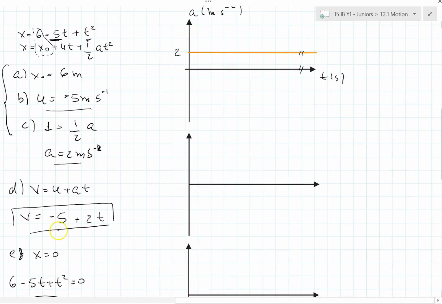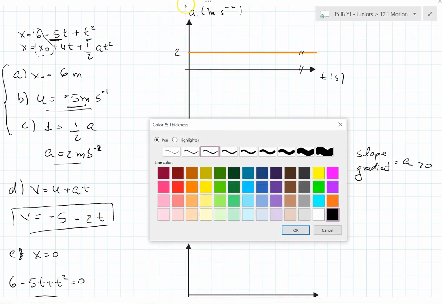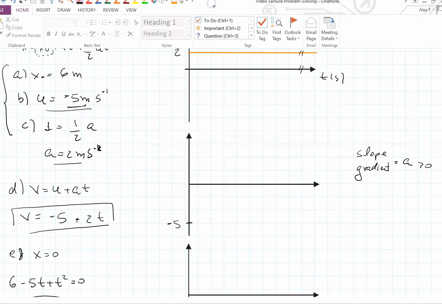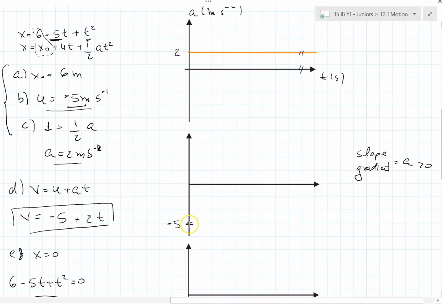My velocity starts at -5 meters per second. So it's going to start at -5 meters per second. The slope of the velocity graph, let's remember the slope, or how they call it, gradient, is the acceleration. And because I have an acceleration that is positive, this graph here for velocity is going to have a positive slope, my bad. And the positive slope then is going to be something like this here.